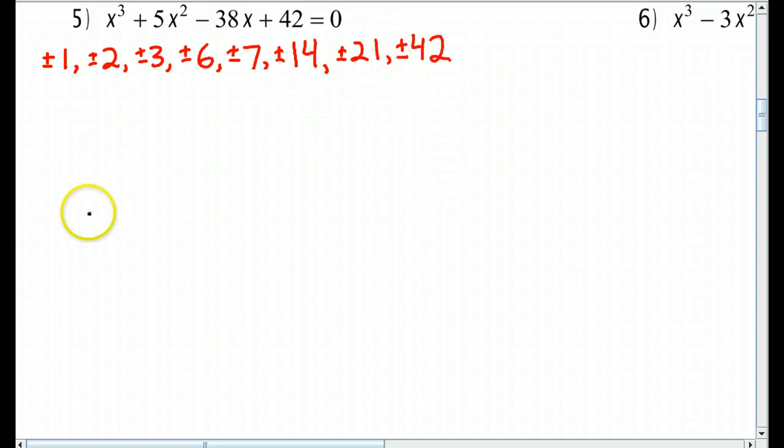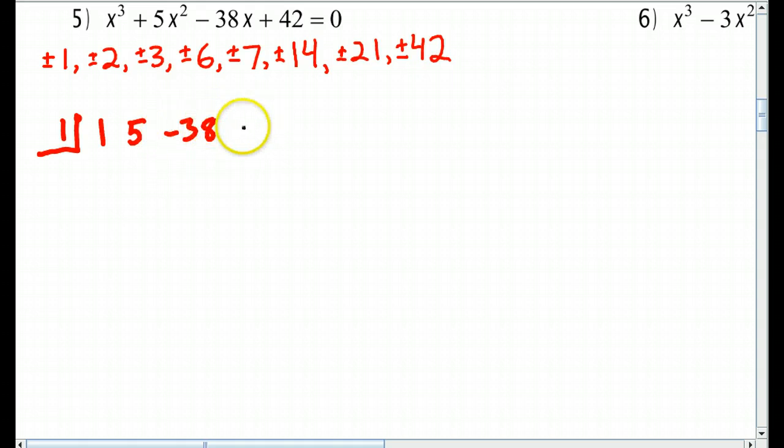So yeah, this means that you might have to try a lot of numbers until you find the one that works. So if you want to, you can use another piece of paper, do all the busy work until you actually find one that equals 0. For us, let's try 1. We have 1, 5, negative 38, 42.